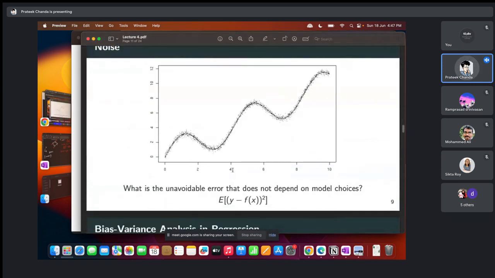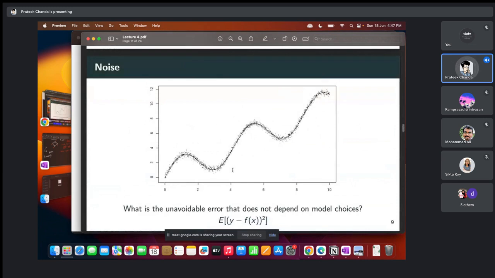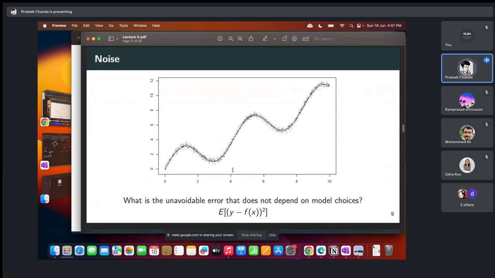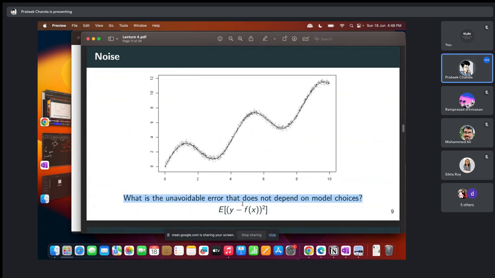There is another thing called noise, which is the unavoidable error. We saw y equal to f(x) plus epsilon. This epsilon is the noise. The noise doesn't depend upon the model choices. It can come from the observation and other aspects.